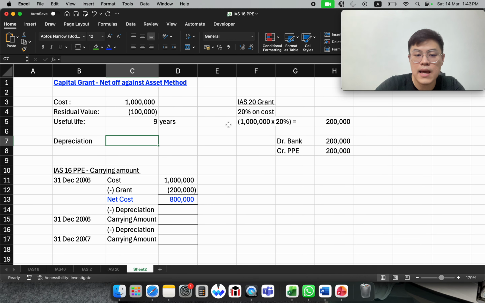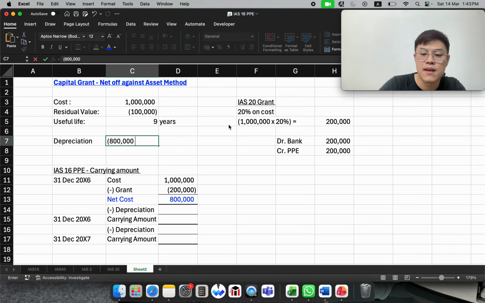Meaning to say, 800k is the revised cost after the grant, minus the 100k residual value. In simple terms, we present it here and divide by 9 years.